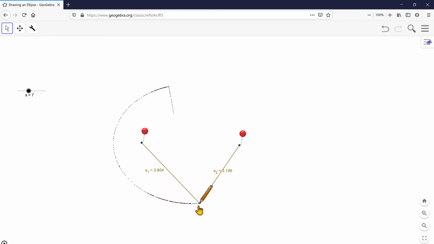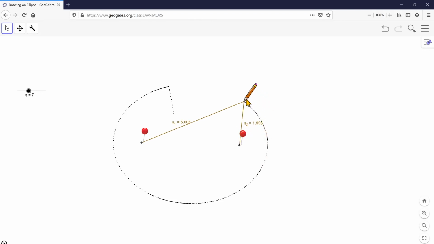If I add those two segments, 2 plus 4 is 6, and then that will give me 7. If I collect all of those points, then that's going to form an ellipse. And notice that the sum, 5 plus 1 plus 6, gives me 7, and will stay constant.